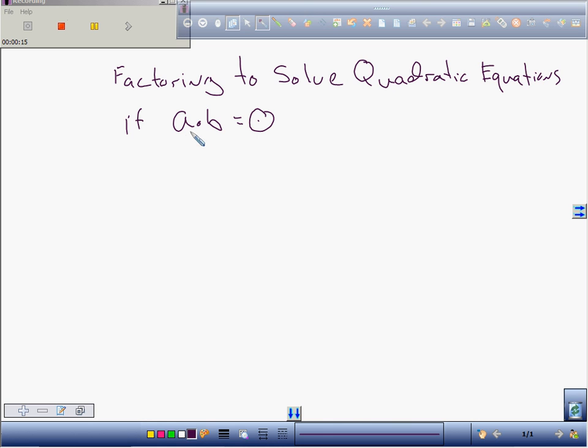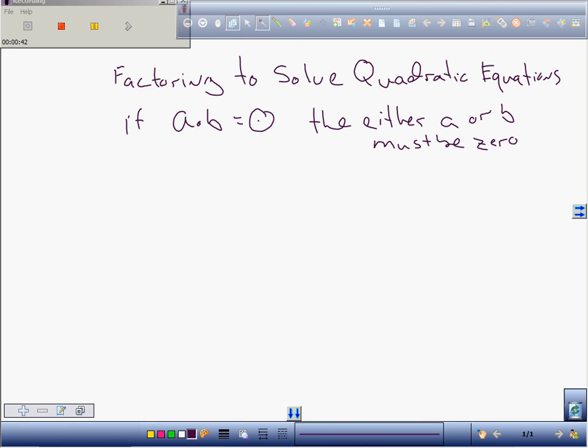If A times B equals 0, then either A or B must be 0, or both. That's what's known as the zero product property, and we use that property to solve quadratic equations.